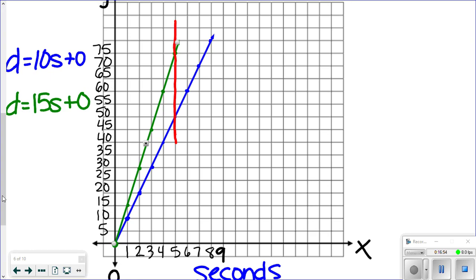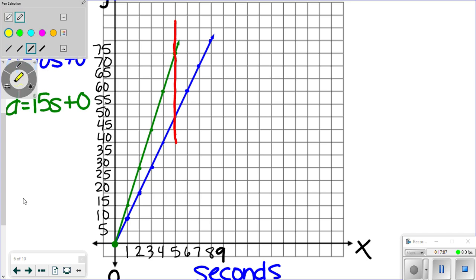And hopefully you can kind of see here the distance between them. Right? If I am looking, I'm noticing that I have an intersection point at 50, and I have another intersection point at 75.